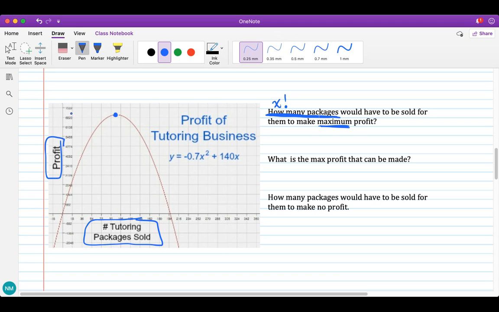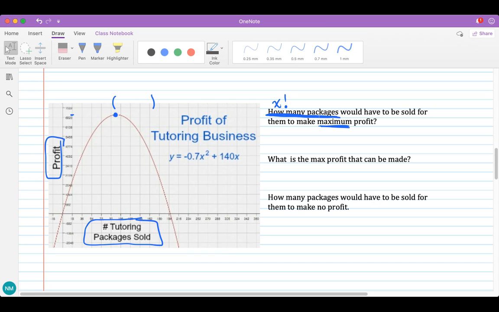So my vertex is going to be, oh geez, about, let's guess here. You know what? I have a better idea. Negative 0.7x squared plus 140x.